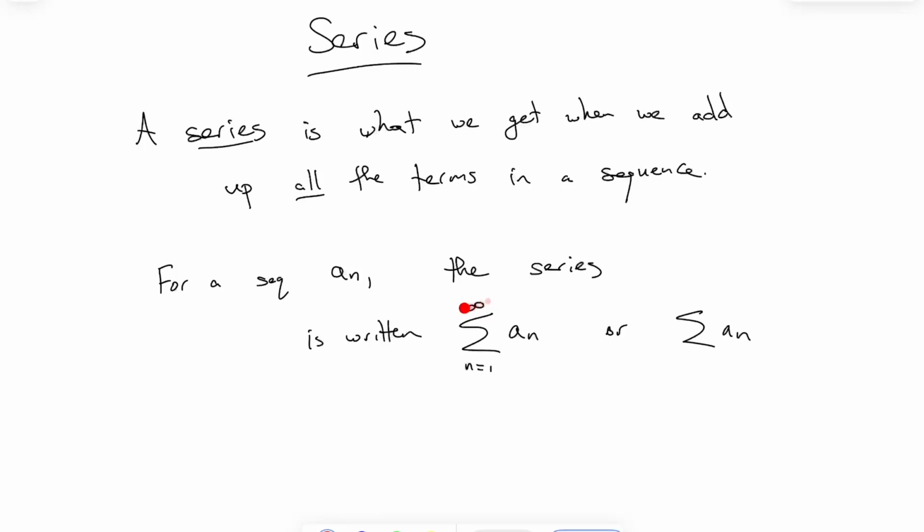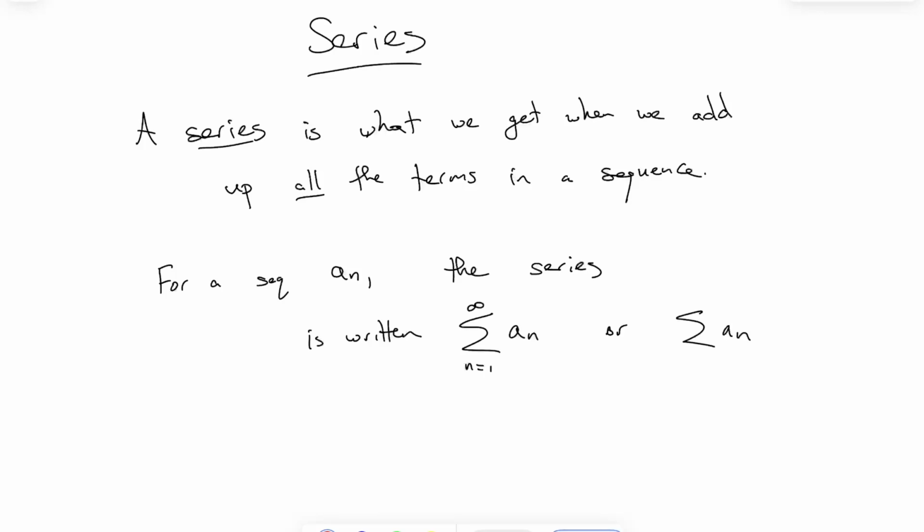And so the upper value is always infinity. And the lower value, we're always going to start n at 1. And so, often we will just write this without the little bounds. And what that means, it always means n equals 1 to infinity. All right? This is called the series of an.